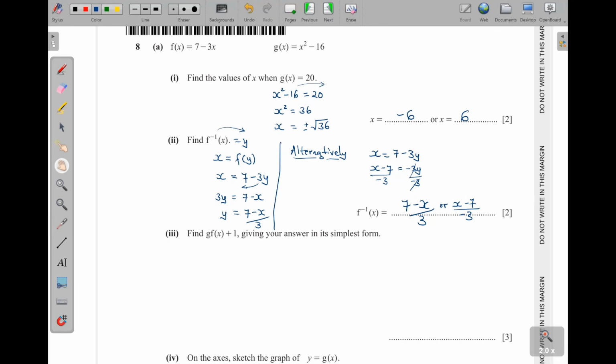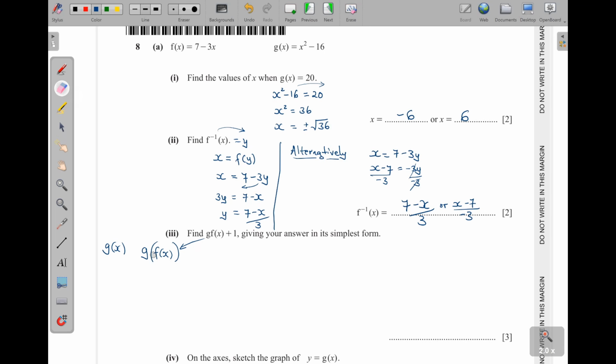Then Roman 3, find gf of x plus 1, giving your answer in the simplest form. So gf of x means compose f into the g. Put f of x into g. So if we have g of x, then we also have f. Then we'll put the f into the g.